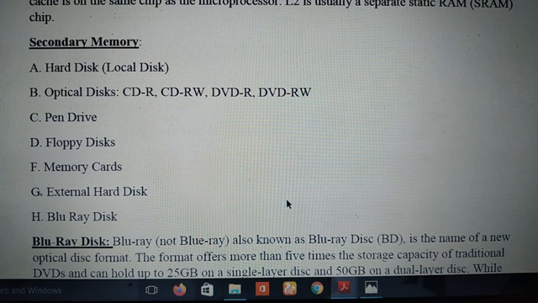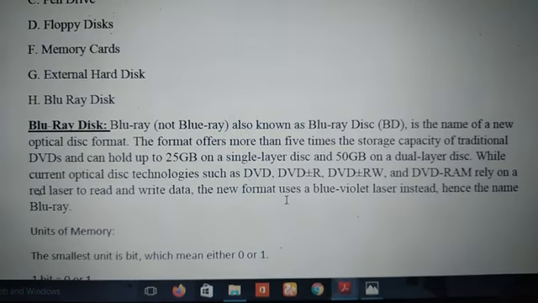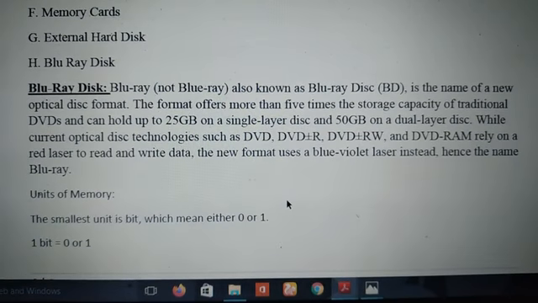Now coming to Blu-ray disc. Blu-ray disc is the name of a new optical disc format.